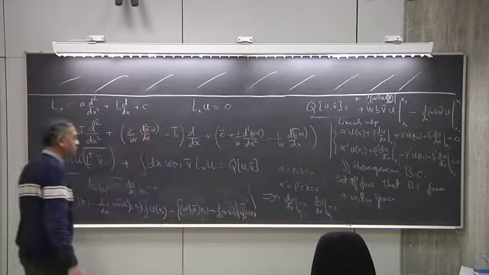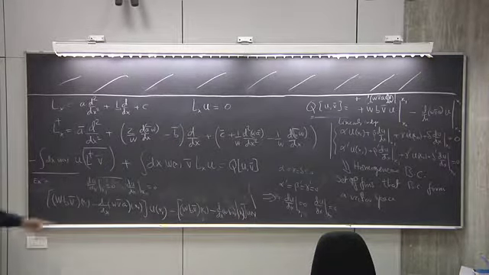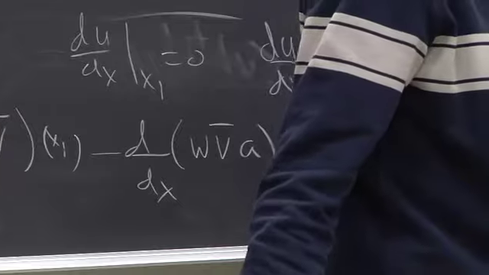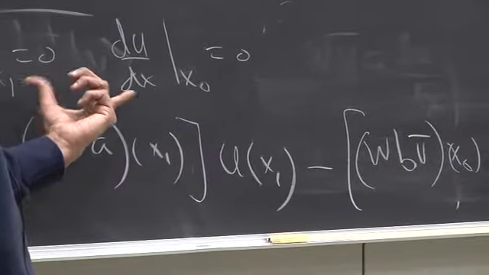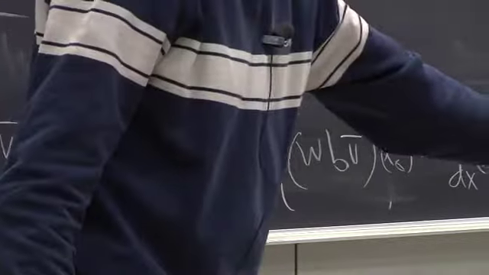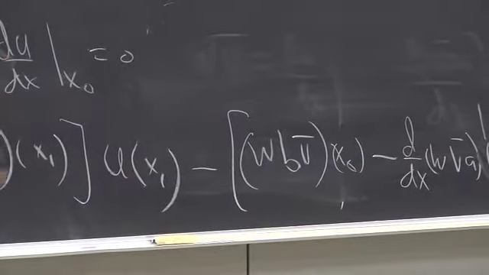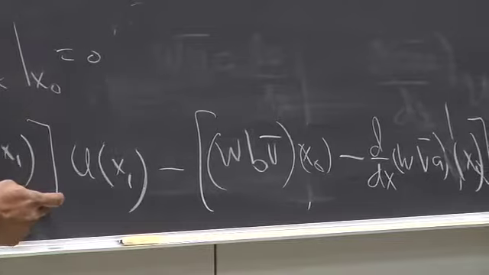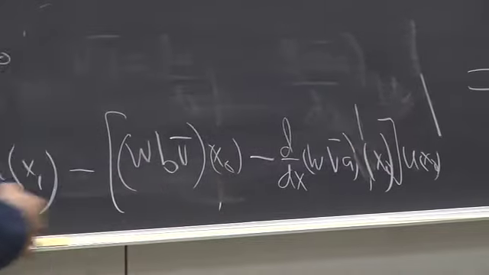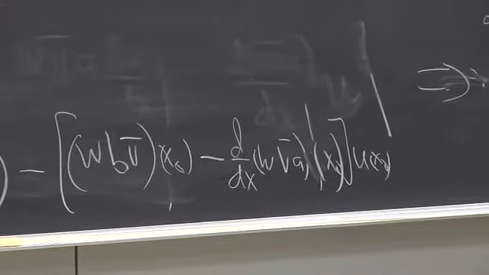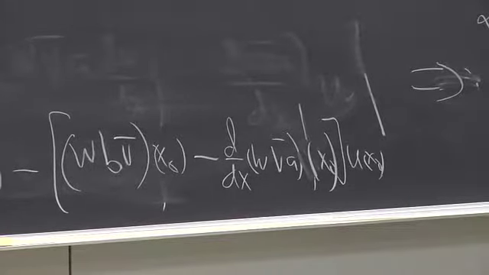And we want this to vanish. But u at x1 and u at x0 are completely arbitrary, because the only boundary condition for u is this. So the only way this can vanish is that independently this is 0 and that is 0. That gives you a condition on the v bar.